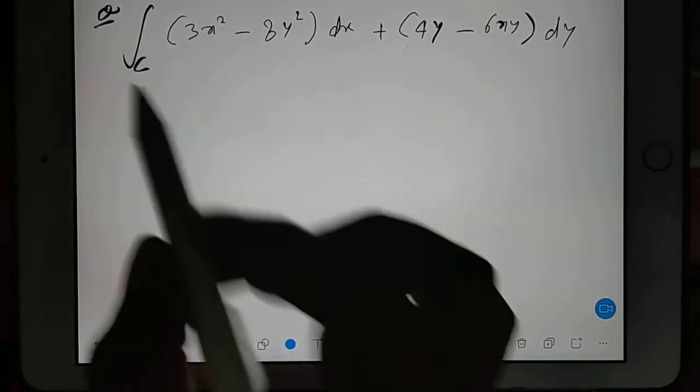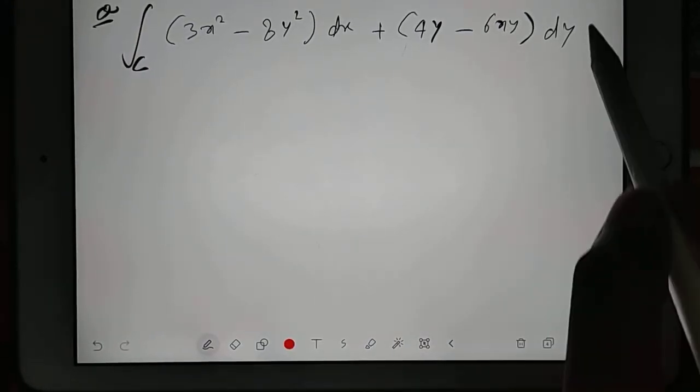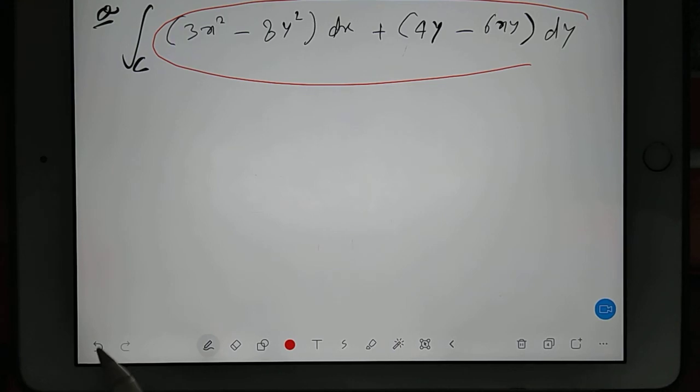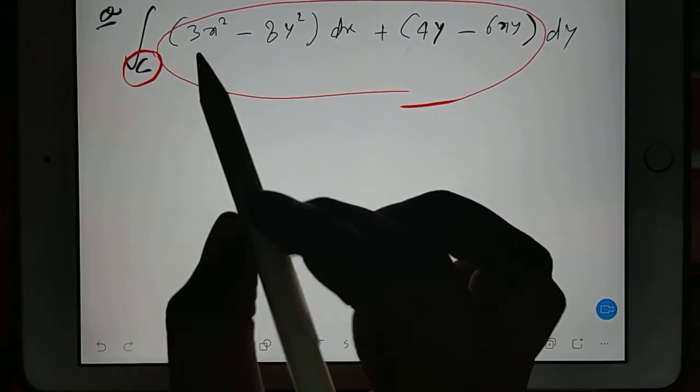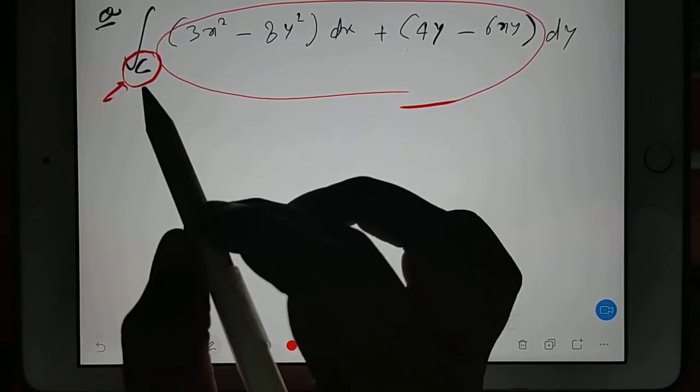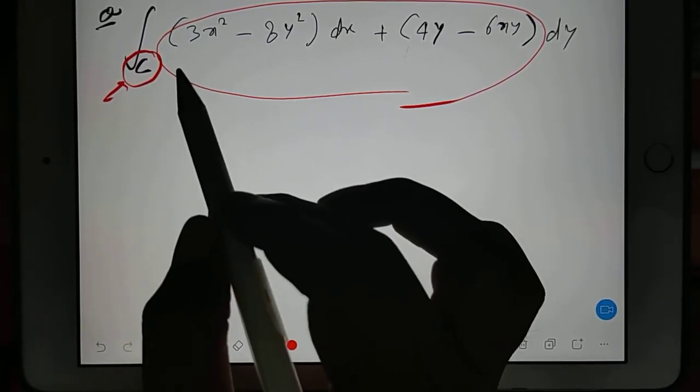Now they are saying this is what you are going to integrate for the curve. Then what does the curve look like?